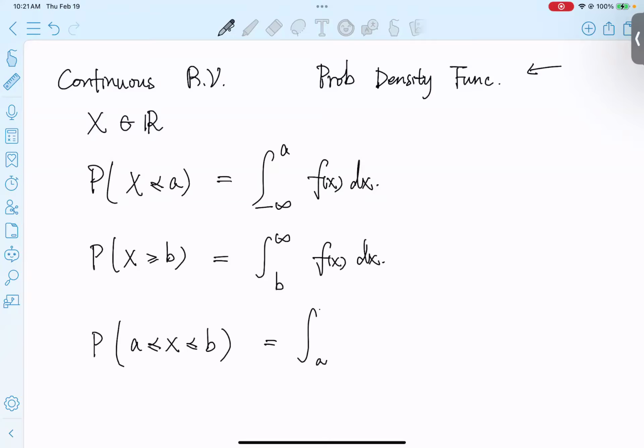Then you need to evaluate the integral from the lower bound to the upper bound of the probability density function, dx. Here, f of x is the density function, and you just need to evaluate those integrals. So the probability in the discrete case is just the output from a probability mass function. The probability in the continuous case is the integral of the probability density function.